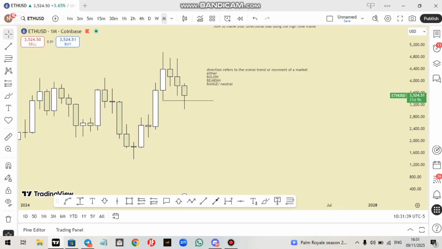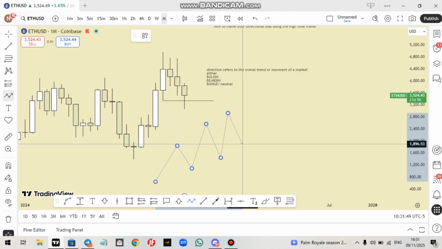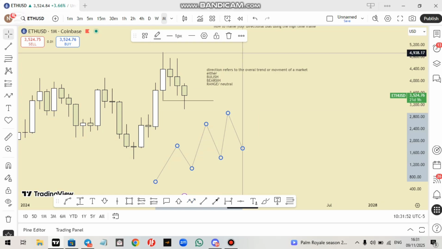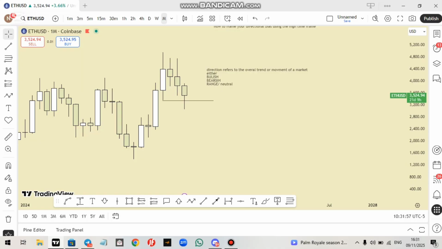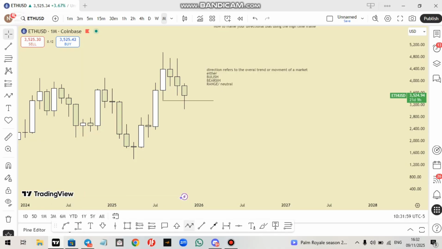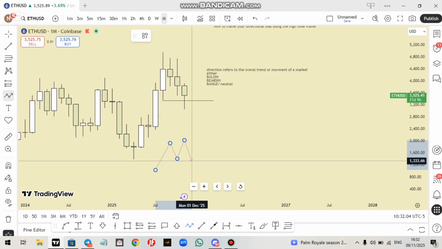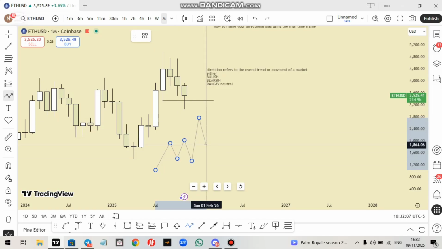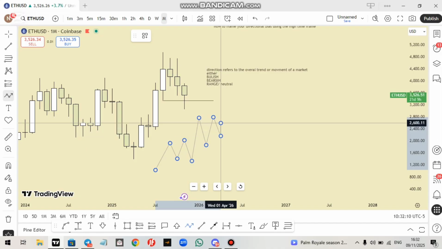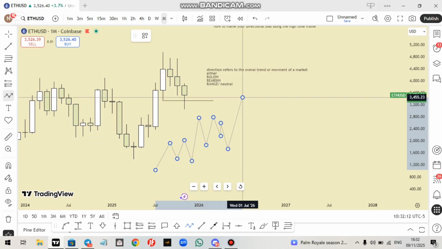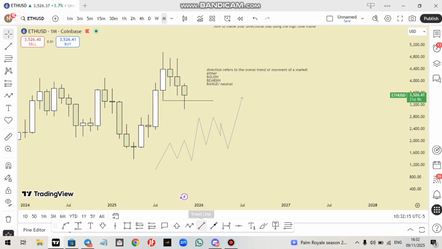First of all, how can we identify a bullish direction? A bullish direction is when price keeps breaking old highs, rejecting below lows, breaking above highs. Rejecting below lows, breaking above highs, that is a sign of an uptrend.